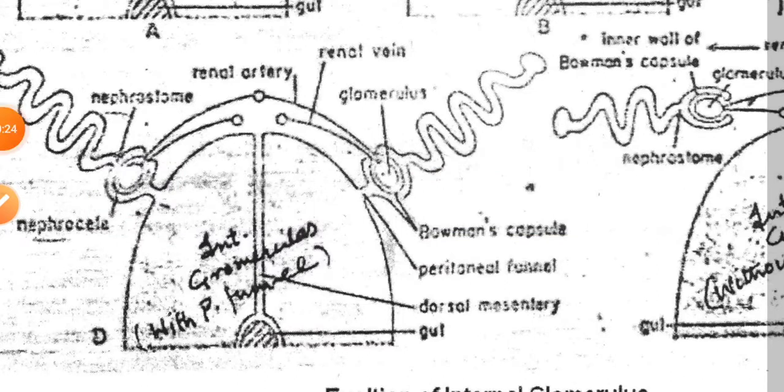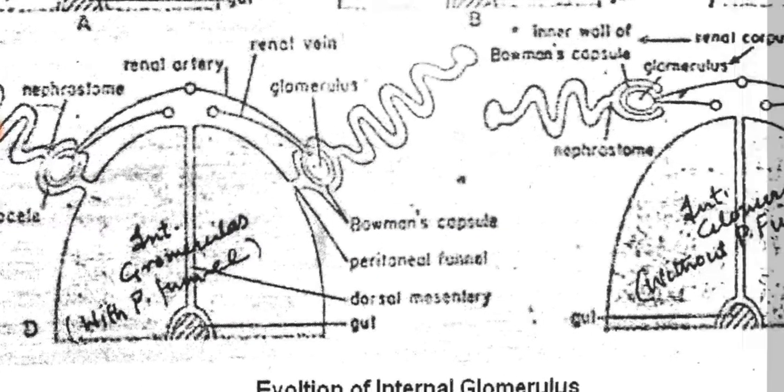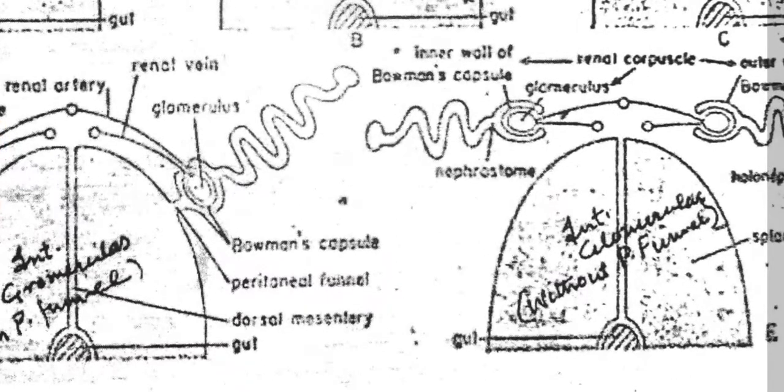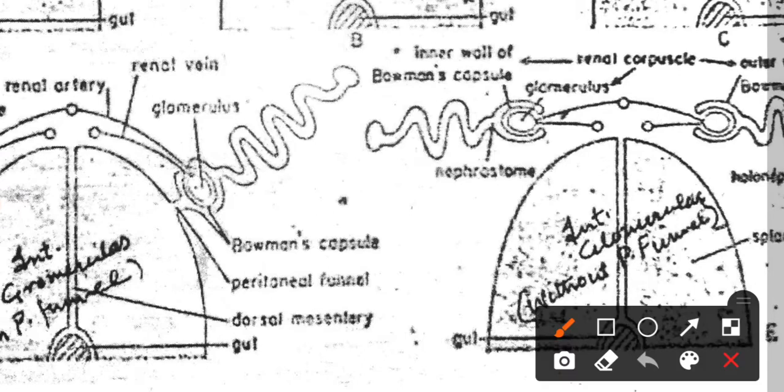If we go beyond this particular stage, we have the last stage. Now here we have the totally advanced internal glomerular stage. Here you can very well see that the glomeruli are internal.